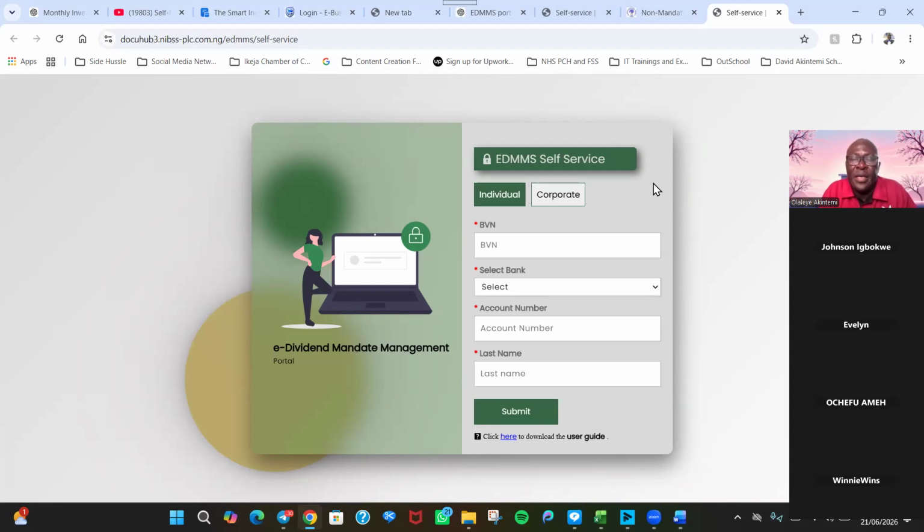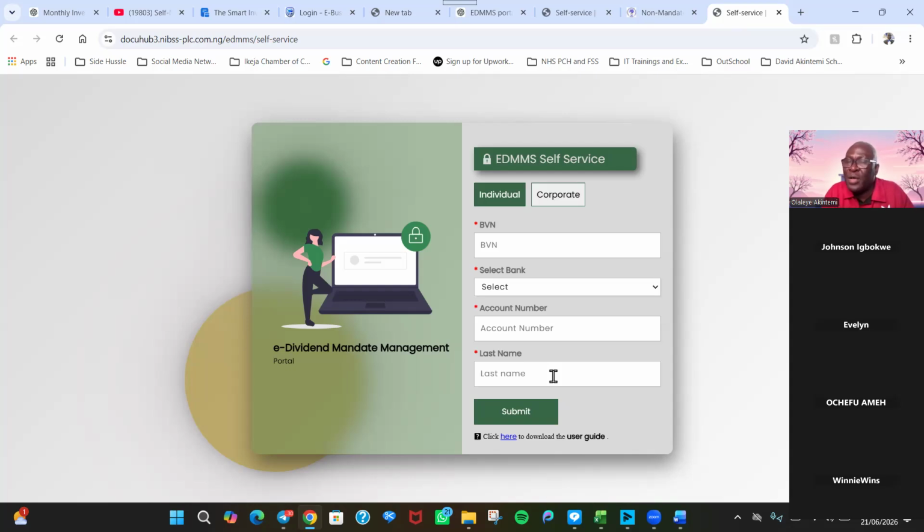If you have a BVN, you enter your BVN, you select your bank account, you put in your account number, you put in your last name. This system is automated, is digital. It's not just a dummy website. Once you put in your BVN number, your bank account, and your name, the system will do a check.